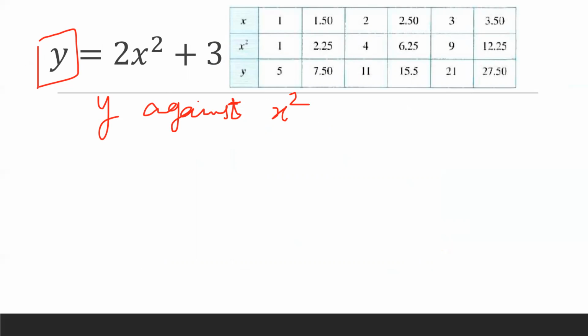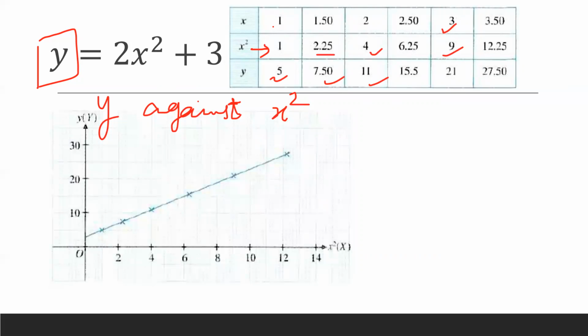So we already had x, these values, when we drew the previous graph. Now we will find the corresponding x squared values. So 1.5 squared will become 2.25, 2 squared is 4, 3 squared is 9, and so on. And the corresponding y values are in here. And then we plot those points on y against x squared.